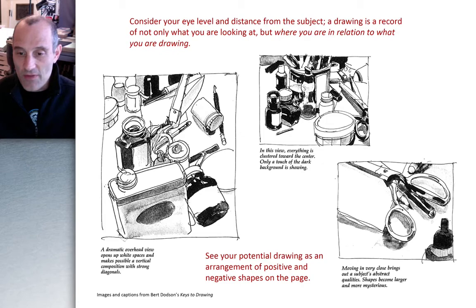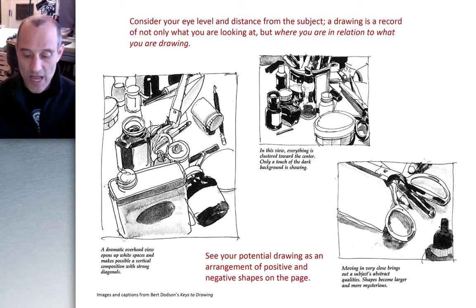And if you look at the last example on the bottom right, you can see how he's moved in very close and how the subject becomes a bit more abstract, where negative space shapes are even more prominent in this case. So again, four examples of the same thing, but taken from very different vantage points, which would make very different drawings. So this is how we want to think about whatever we're drawing now, is again, this arrangement of shapes, and that there are lots of possibilities with even one simple subject.